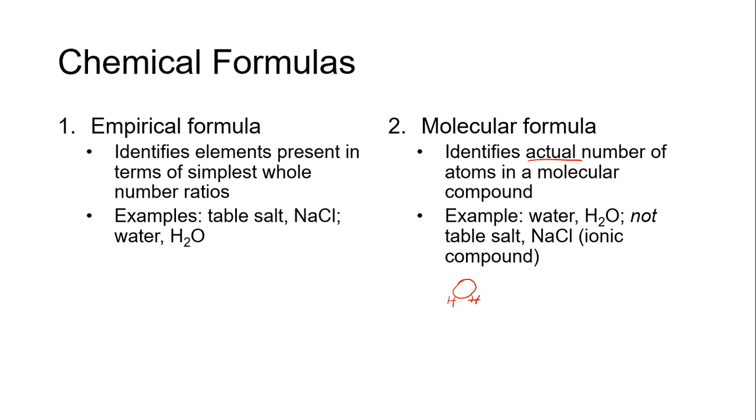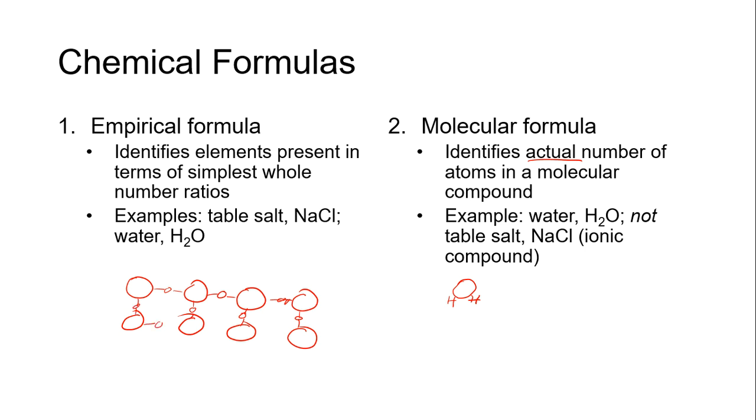Now, this is different from, say, salt, table salt, sodium chloride, because the way that table salt looks is you have a whole bunch of sodium atoms that are connected by a chlorine atom. It just becomes a grid of sorts, a lattice.